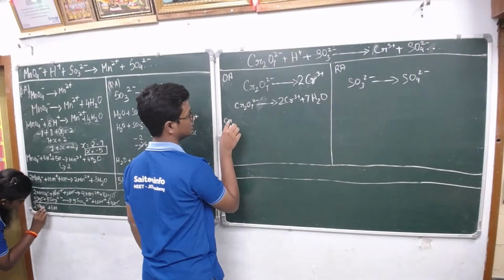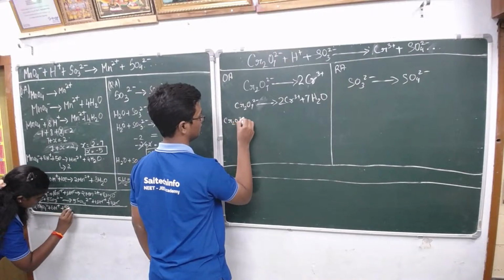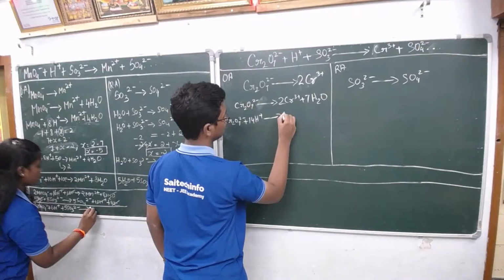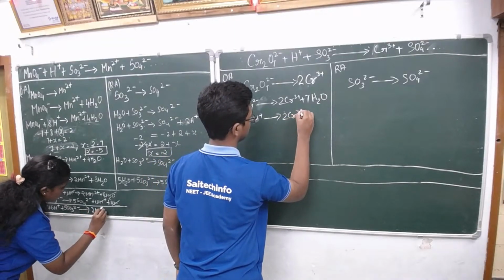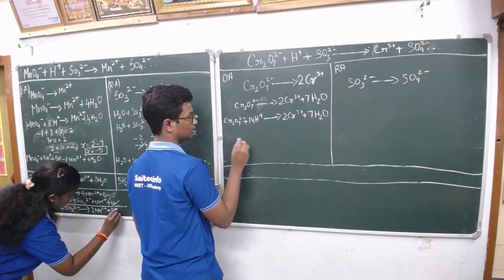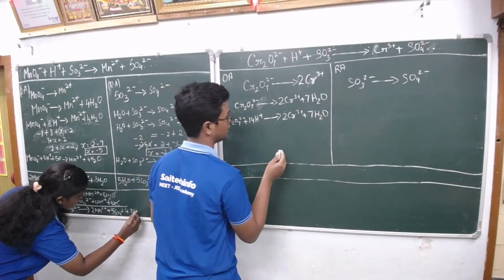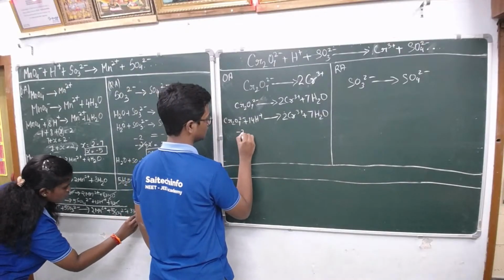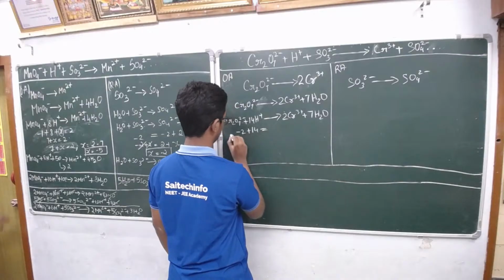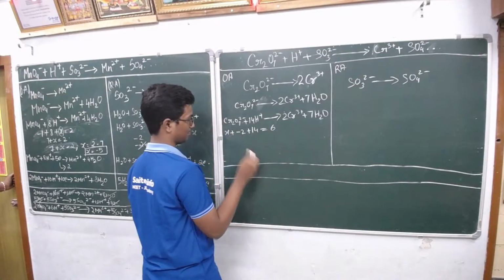Then we need to add for the hydrogen deficiency: Cr2O7 2 minus plus 14H plus to form 2 Cr3 plus plus 7H2O. Then by the algebraic method we need to find the charge. So -2 plus 14 is equal to plus X. Why did you put plus on the right side?